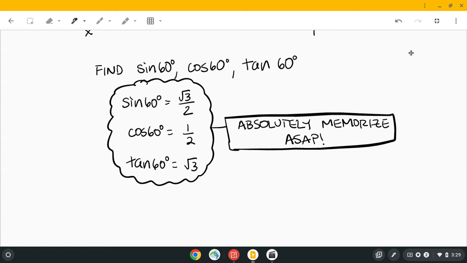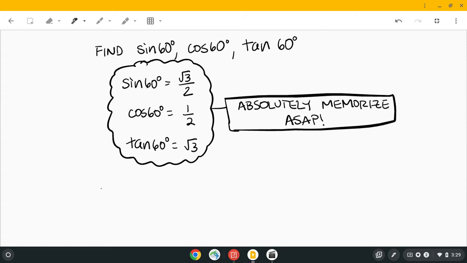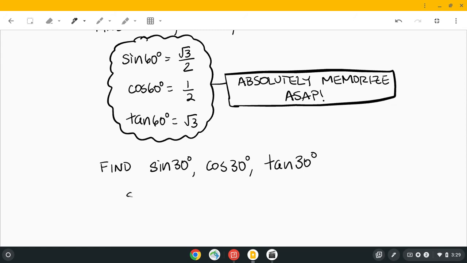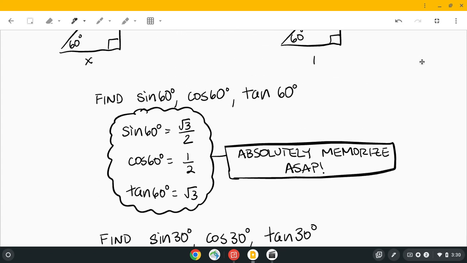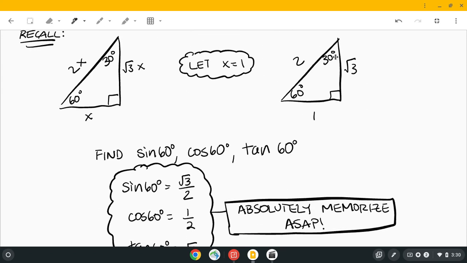Since we have the 30, 60, 90 triangle, let's now find the sine of 30, cosine 30, and the tangent of 30. Starting with the sine of 30 degrees. Sine is opposite over hypotenuse. Here's 30 degrees, so opposite 30 is 1.